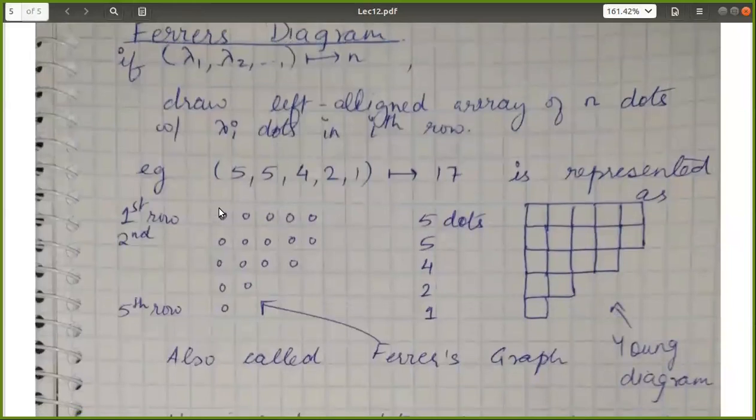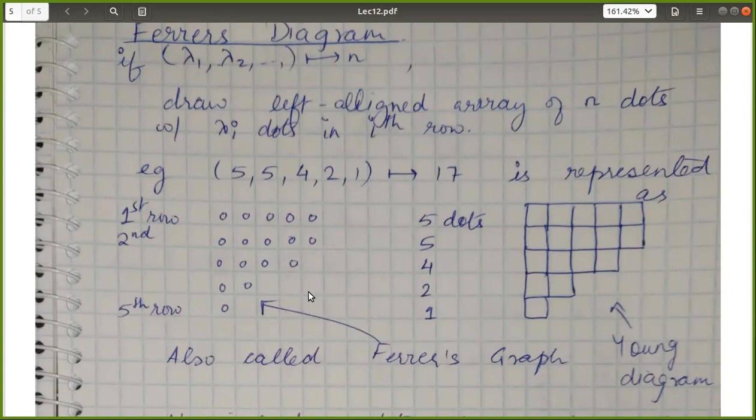So there is this main diagonal here of this array. If you take the reflection of this particular Ferrers graph along the main diagonal, what you get is also a Ferrers graph or a Ferrers diagram, and it also corresponds to a different lambda.